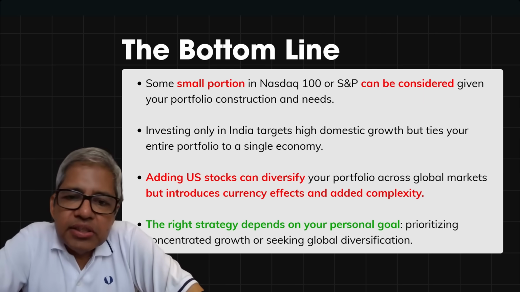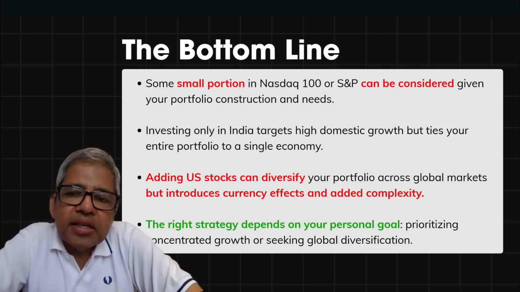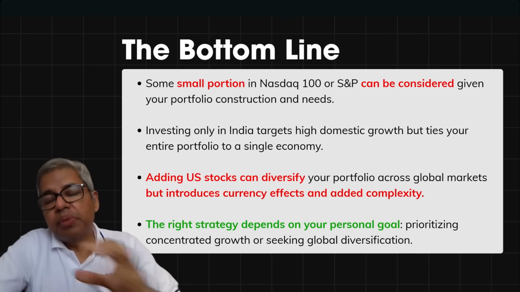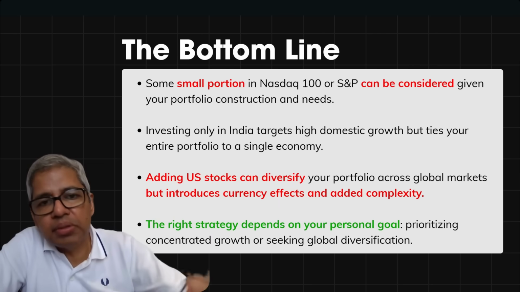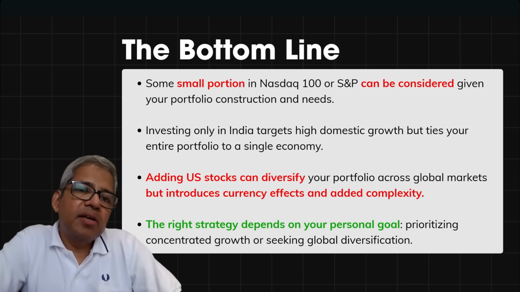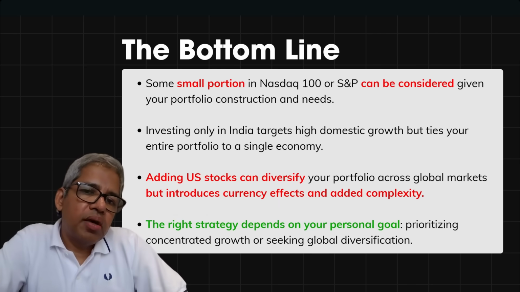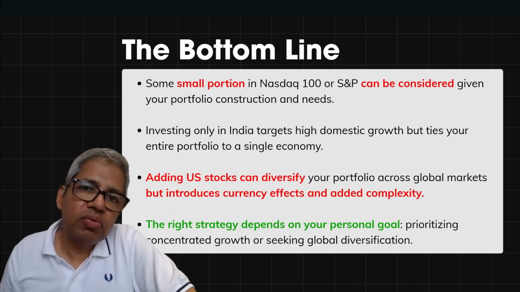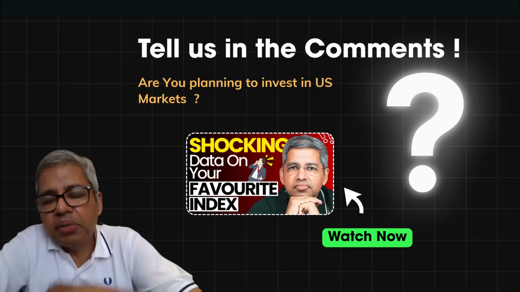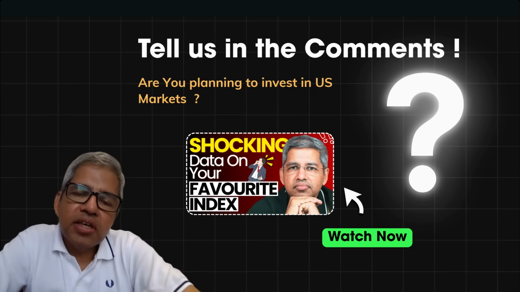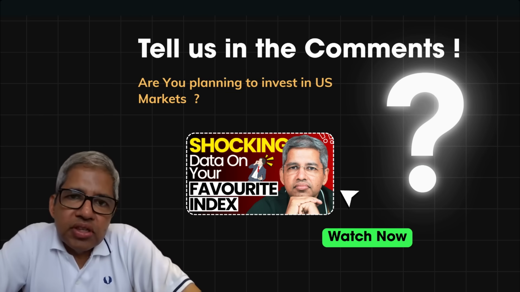The right strategy will depend on your personal goals, prioritizing concentrated growth or seeking global diversification. Some people have a very strong view about certain US companies, and that may actually generate a lot of alpha for your portfolio. But again, it will depend on each individual how they see the market, or whether they are following a momentum strategy, for instance, in the US market, which also works very well.